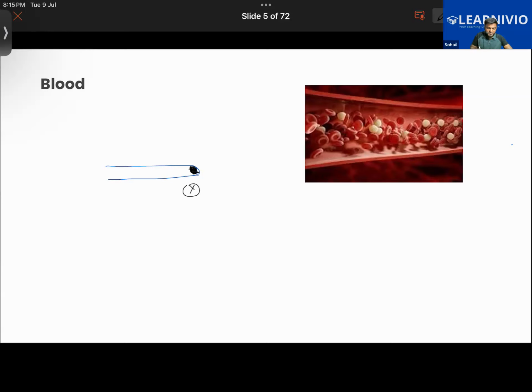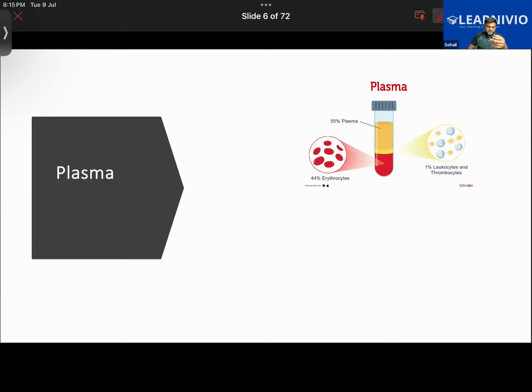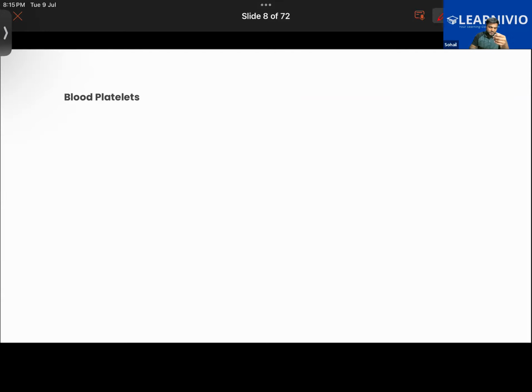Something similar happens here: whenever you get a cut, the blood will slowly start to coagulate and develop a clot. This happens because of a component called platelets found in the blood, which help the blood to clot whenever we are bleeding. Hope that is clear.